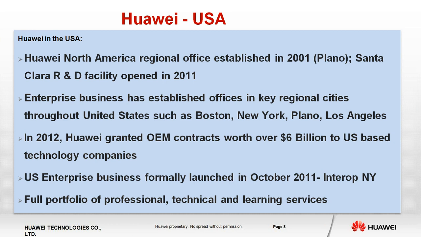Our enterprise business was formally launched in October of 2011 at Interop, New York. As I said, Huawei has a complete portfolio when it comes to post-sales, pre-sales, professional services, technical services, and different learning and certification courses.